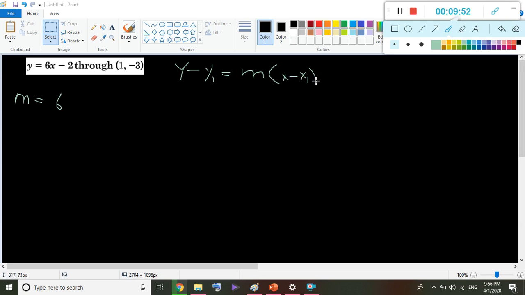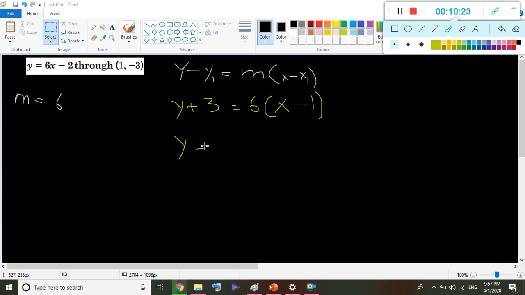Okay, we're going to plug these into this equation. Then we're going to change it into the slope-intercept form. So let's now just substitute here. y minus y1, here y1 is -3, so it's going to be plus 3, equals m. They already gave us m as 6. x minus x1, here x1 is 1. Now we have to convert it, so we're going to move everything away from y in the form of y equals mx plus b.